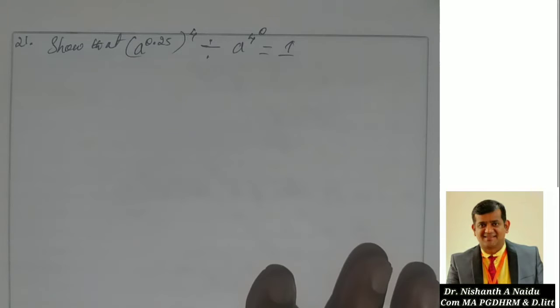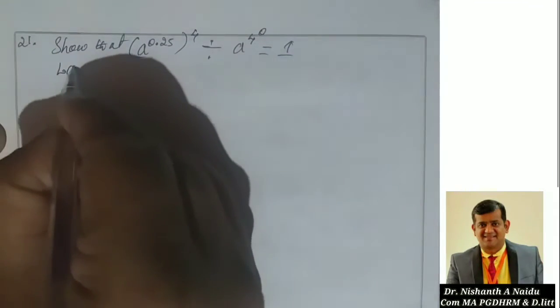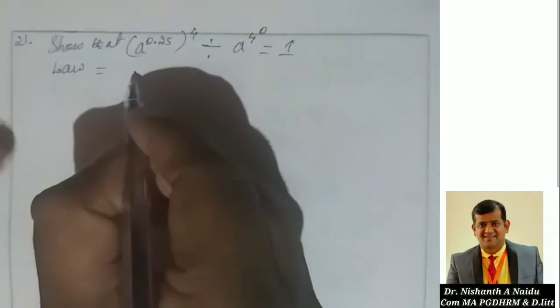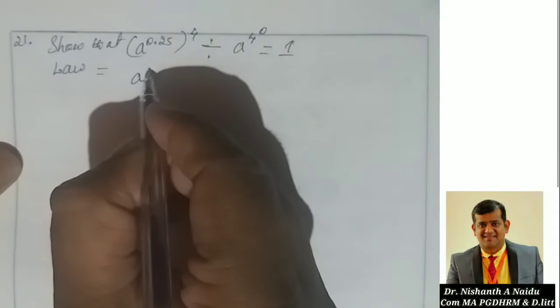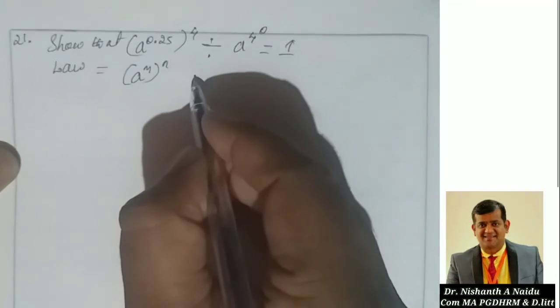Now, which law are you going to apply? That is most important. Here we have to apply two different laws. I will write them here so that you also get an idea. The first law is a to the power m whole power n.